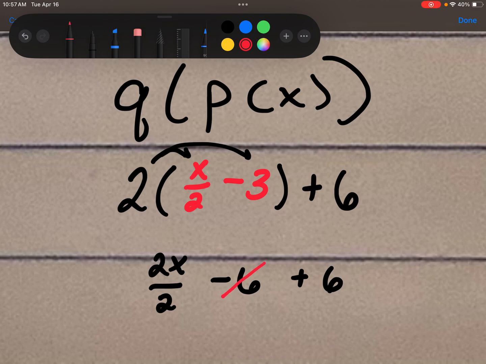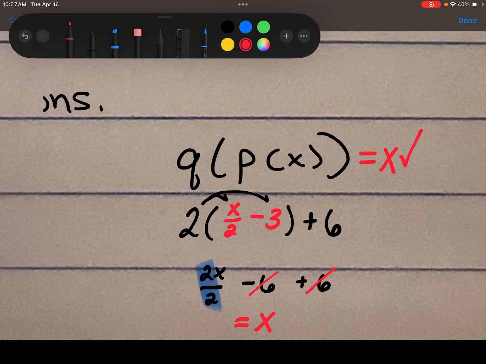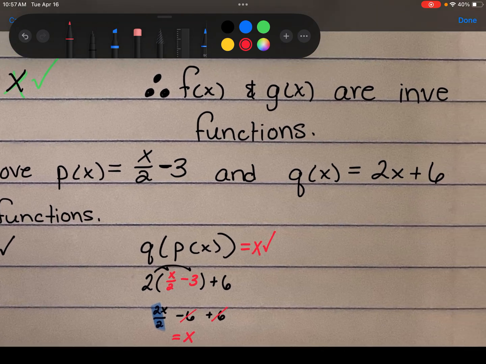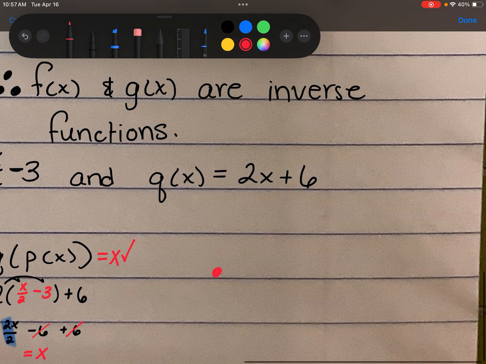The 6's cancel, and 2x divided by 2 is just 1x. So that means q of p of x equals x. So yes, we have inverse functions, so we would just write that. Therefore, p of x and q of x are inverse functions.